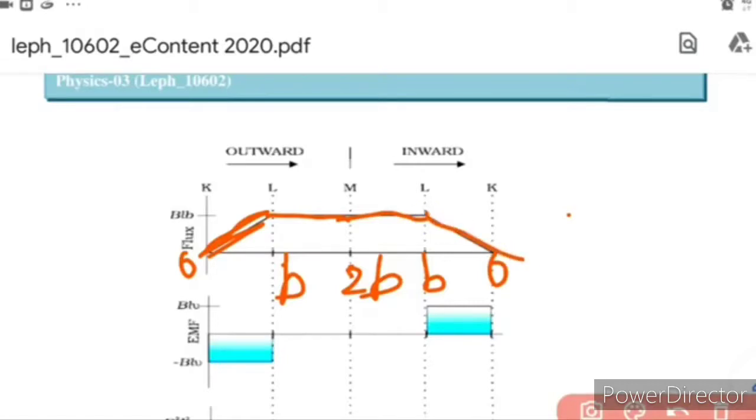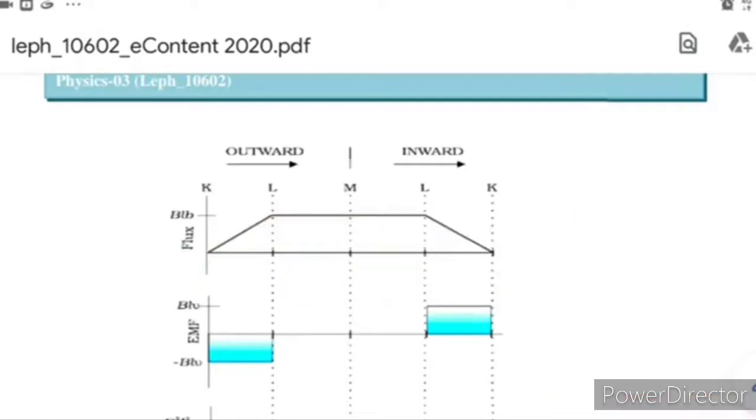In the forward motion it was a positive slope, that means flux was increasing, and in the backward motion the flux is decreasing. So the slopes of the graphs are different. In our first case it is positive, and in the second case it is negative. So this is the graph showing the flux when the conductor is moved from x equal to 0 to 2b and backwards from 2b to 0.